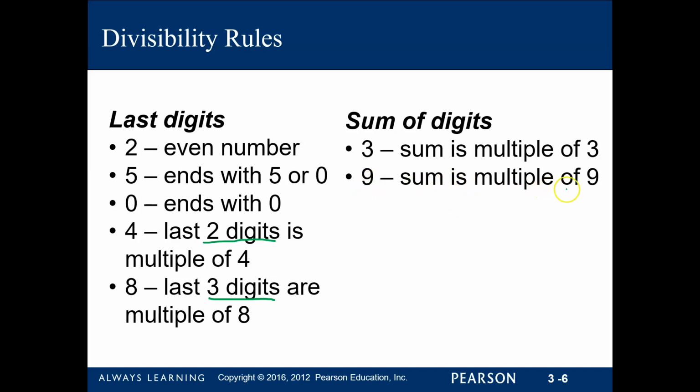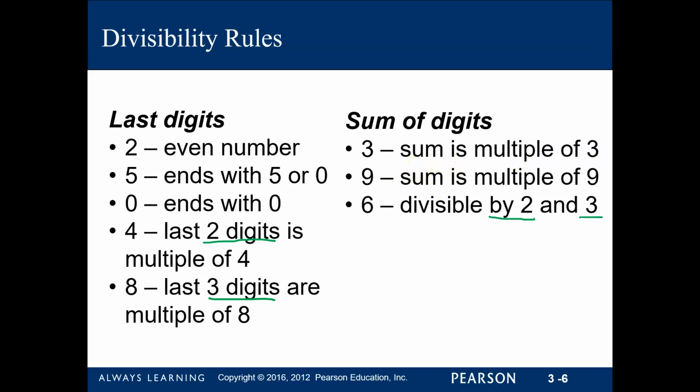If you add the digits and the sum is a multiple of 9, so what are the multiples of 9? 9, 18, 27. If the sum of the digits is one of those, then the number is divisible by 9. Divisibility by 6 is special because the number needs to be both divisible by 2, meaning it has to be an even number, and if you add the digits, the sum has to be a multiple of 3.